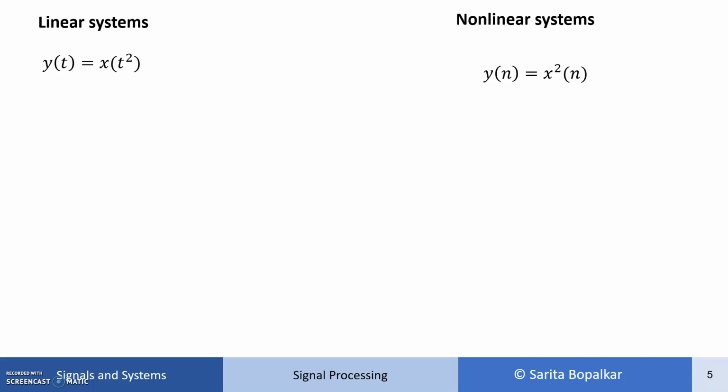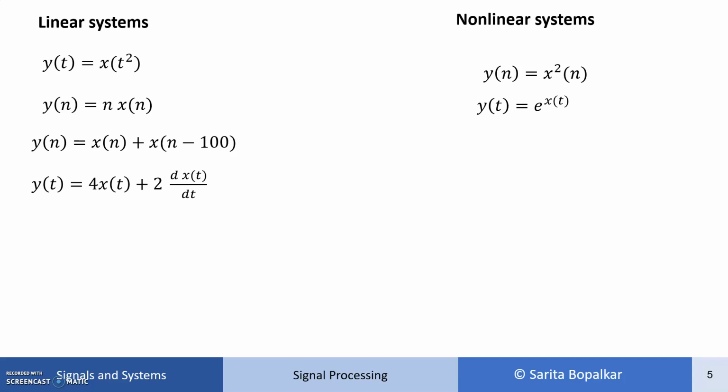Non-linear: y(n) = x²(n), here the squaring of amplitude. y(n) = n·x(n): this is a linear system. y(t) = e^x(t): here the exponential of x(t). y(n) = x(n) + x(n − 100). y(t) = 4x(t) + 2 d/dt of x(t). These are some examples of linear and non-linear systems.